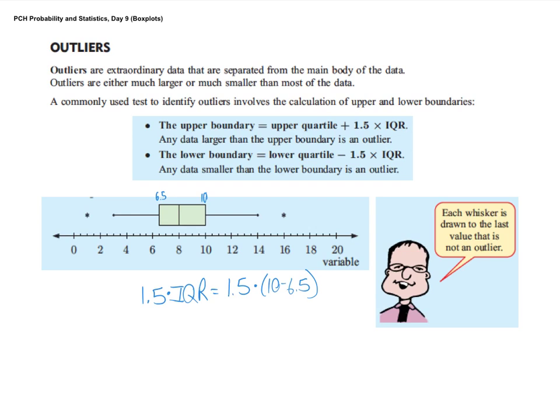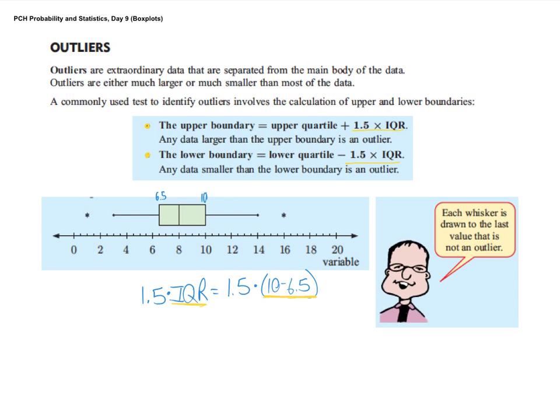Wasn't it just Q3 minus Q1? That's the IQR, and that's what we're finding right here. IQR is this, Q3 minus Q1. But to create the upper and lower boundary, we're going to use 1.5 times the IQR.